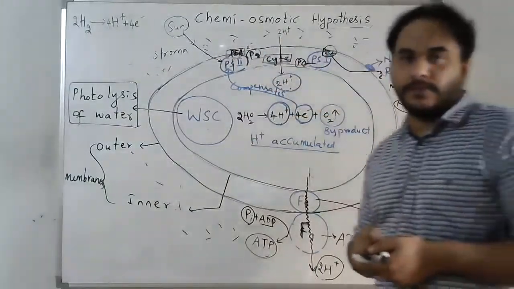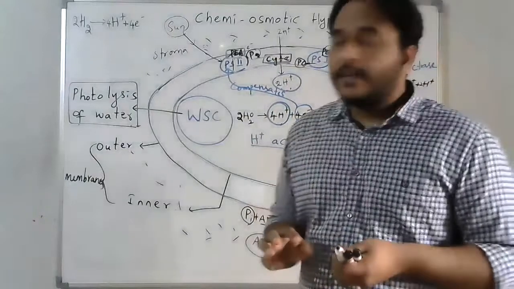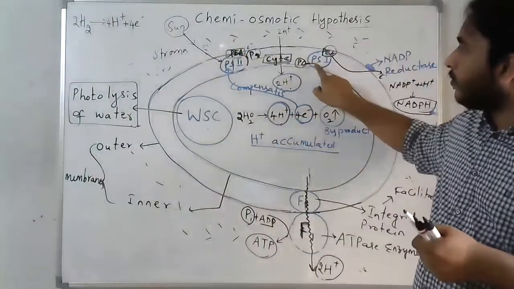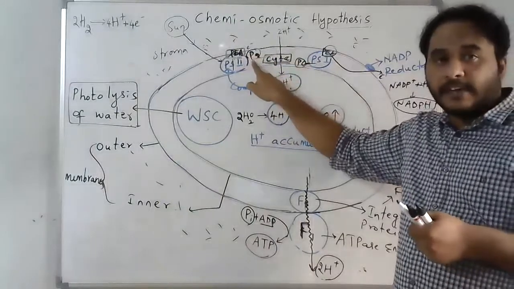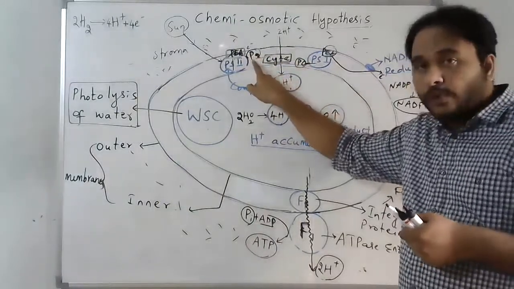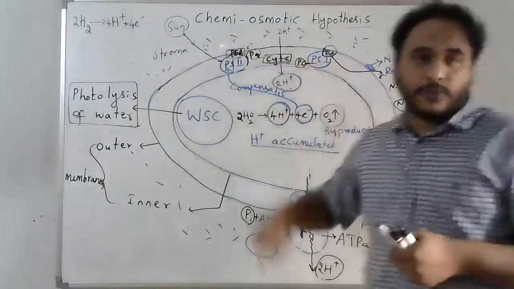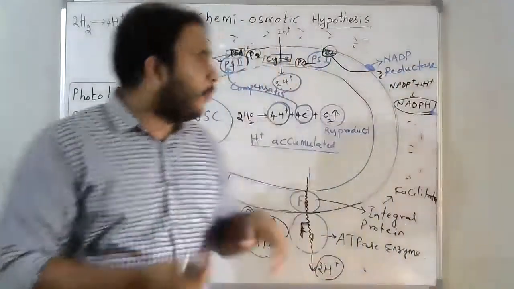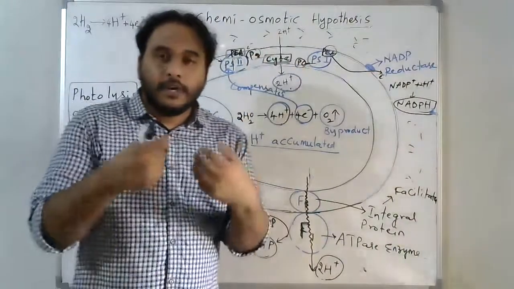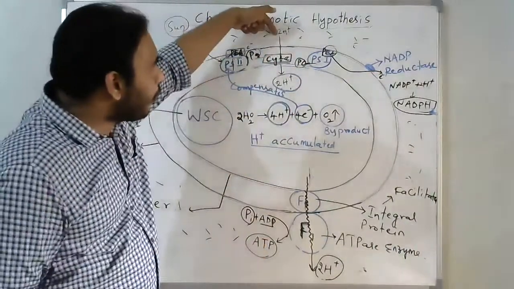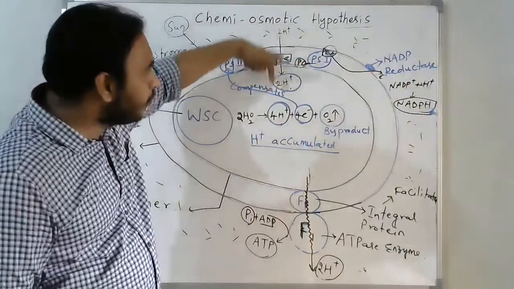The main thing is that the electron transport chain from photosystem 2 to photosystem 1 consists of plastoquinone, cytochrome, and plastocyanin. While transferring electrons from plastoquinone to plastocyanin, the cytochrome uses the energy to pump protons from the stroma into the lumen.